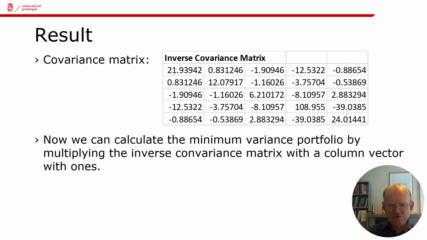But if you want to check whether this is really the inverse of the covariance matrix, you could multiply it again with the covariance matrix. The inverse of the covariance matrix multiplied with the covariance matrix itself should give us the unity matrix, so a matrix with ones on the diagonal.